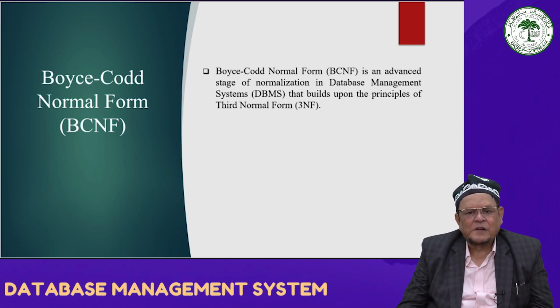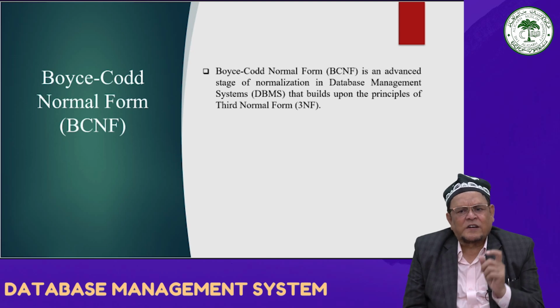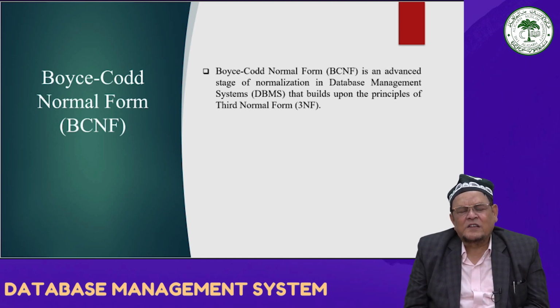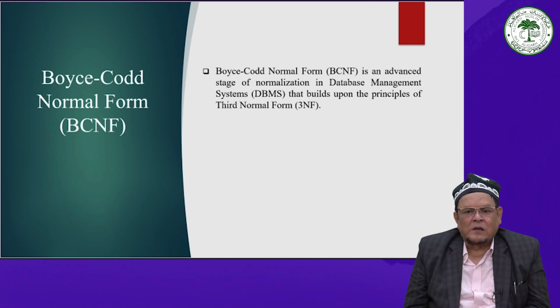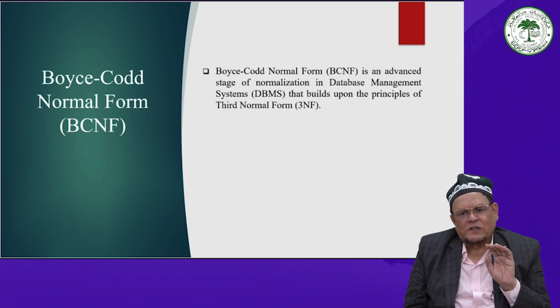BCNF aims to address certain anomalies that can occur in third normal form, particularly those related to non-trivial functional dependencies, by ensuring that every dependency is based on a candidate key. BCNF eliminates the possibility of certain update anomalies, insertion anomalies, and deletion anomalies.